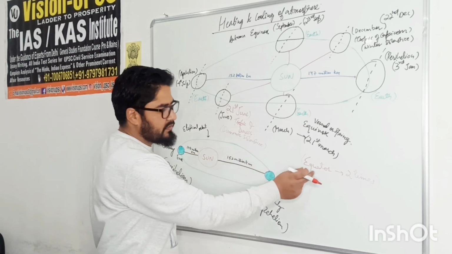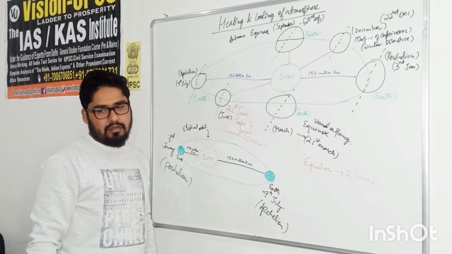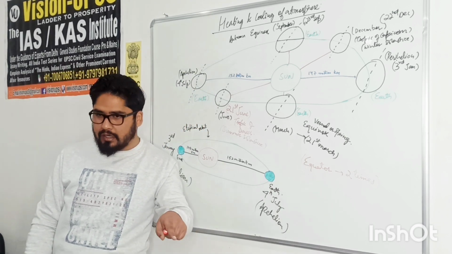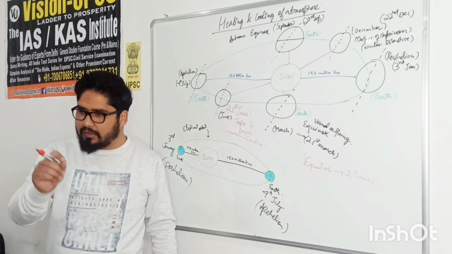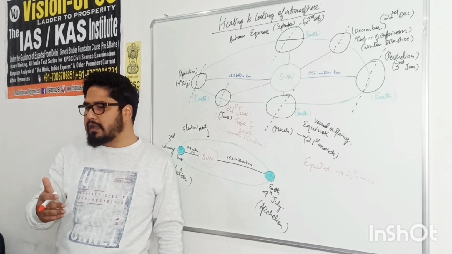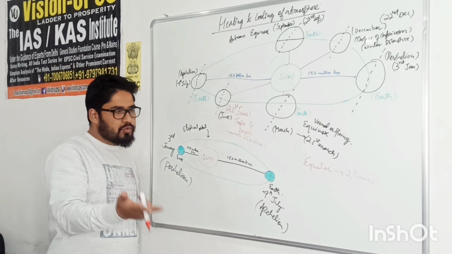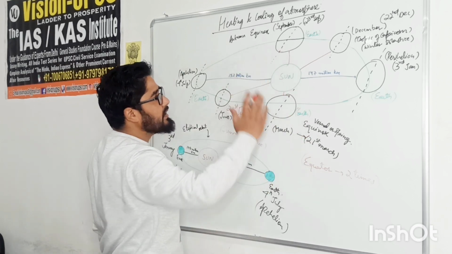When sun is directly above equator. When sun is directly shining above equator, throughout the globe, the length of day and length of night is approximately same. It happens twice a year, first in March, second in September.